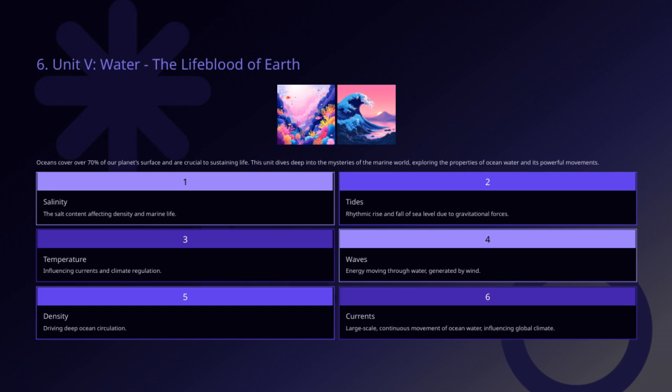Meanwhile, salinity, the salt content, affects the water's density and determines what kinds of marine life can thrive in different areas. Together, these properties, temperature, salinity, density, interact to create the complex and dynamic system that drives ocean currents and climate regulation. Understanding these elements helps us appreciate the ocean's role as the lifeblood of Earth, connecting all these processes in a continuous, powerful cycle.